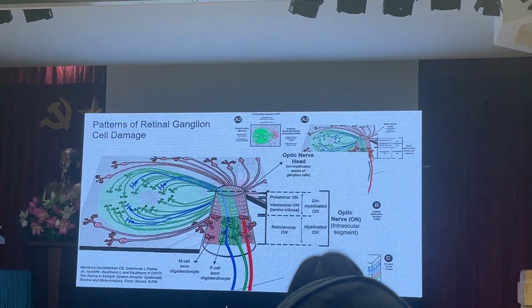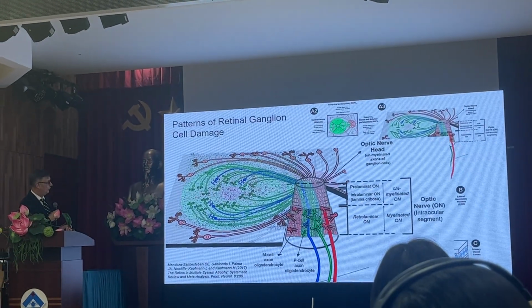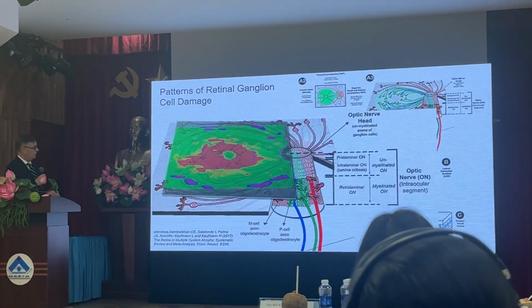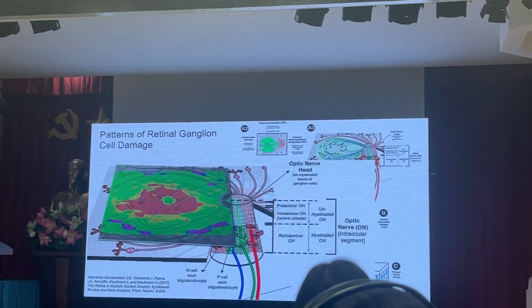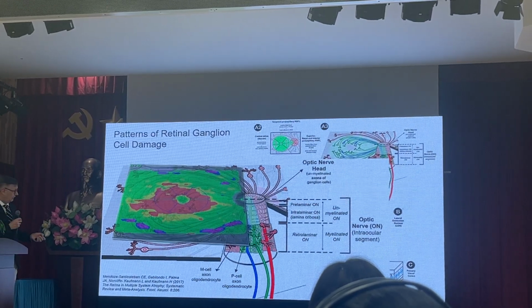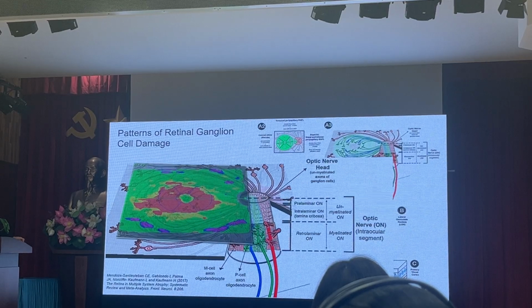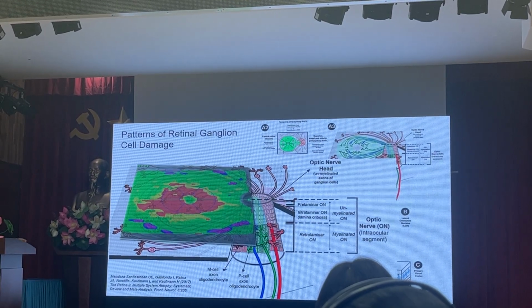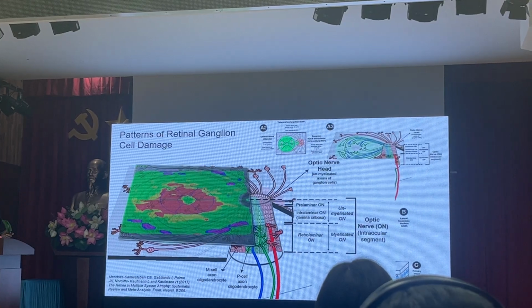So when we enlarge this cartoon on the right hand side and do an overlay with the measurements we do in the macular area, we should be aware of the fact that if we measure the center, we get most of the information from P cells, and if you have defects of the ganglion cell layer more to the periphery, these are more M cells to be lost.